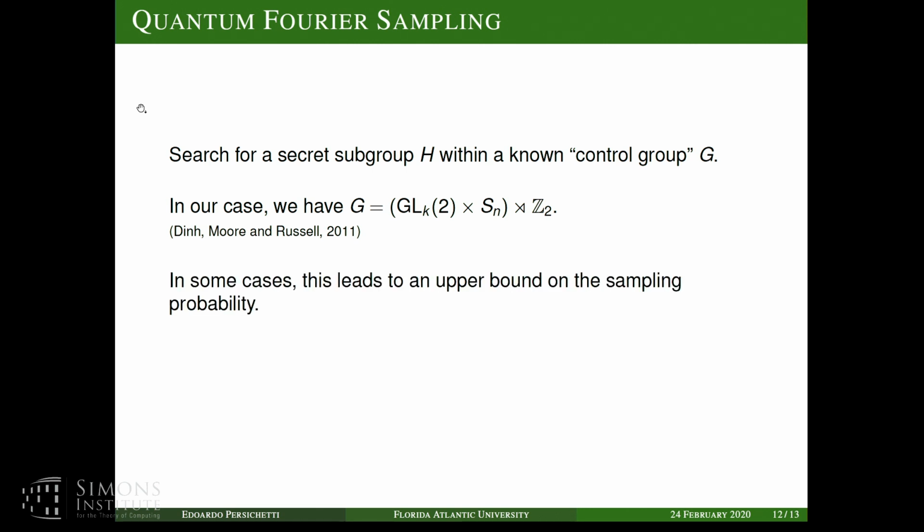The article is actually making some advertisement, but all we can say really is that in some cases we can derive an upper bound on the sampling probability to find this. But this is not really a criterion. It's not really guaranteeing any form of hardness. First of all, we could have some codes that are still possible to attack by classical means, even if they satisfy this criterion.